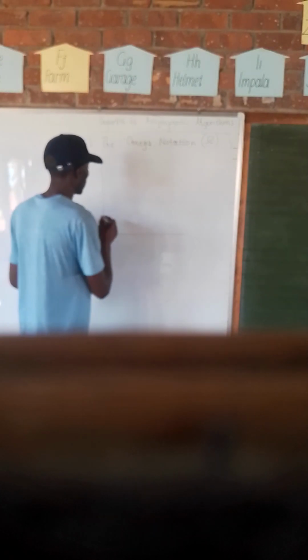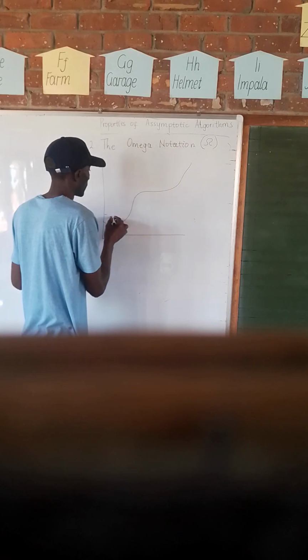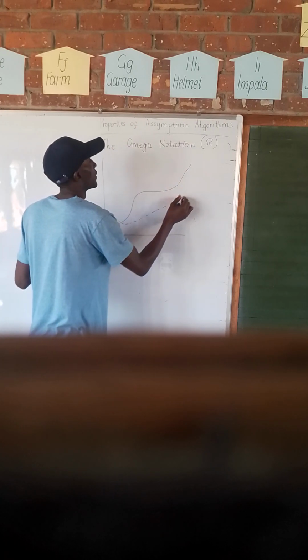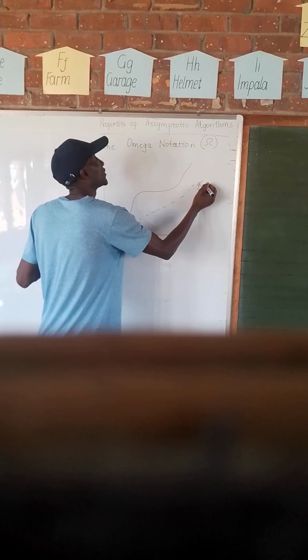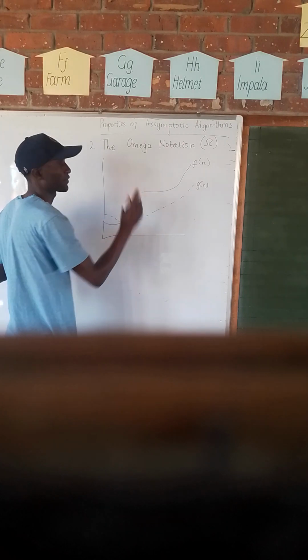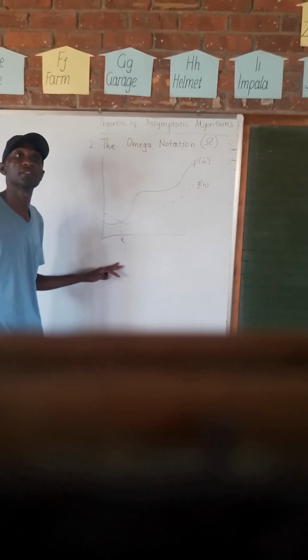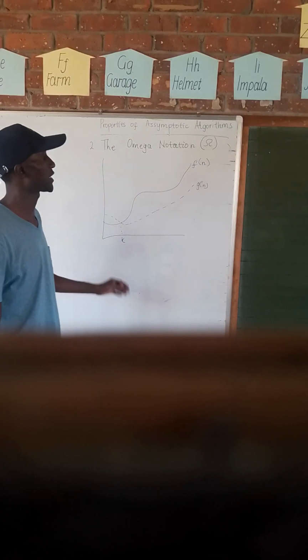notation, this one reflects the lower bound of a given algorithm. So this becomes your g of n, and this will always be your function. And where these two graphs meet, we have a k there, which is taken as a constant.